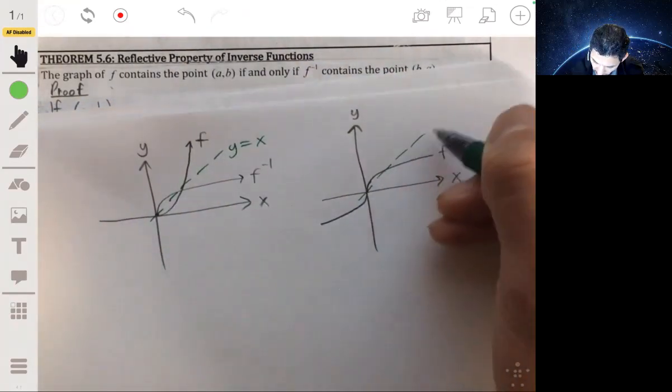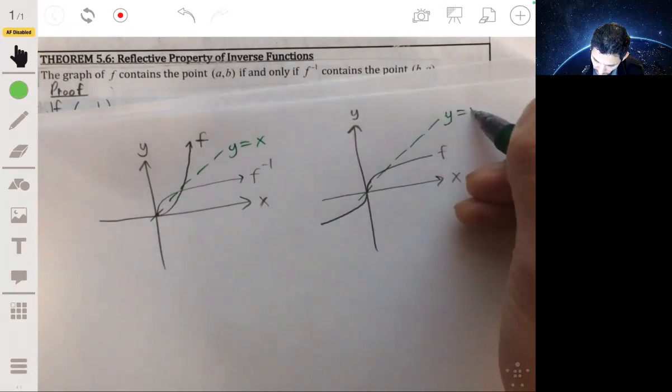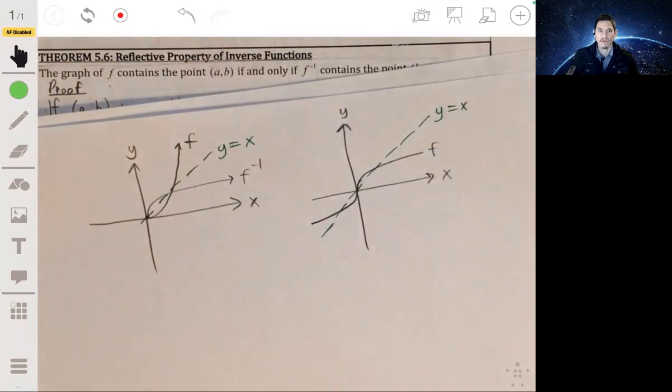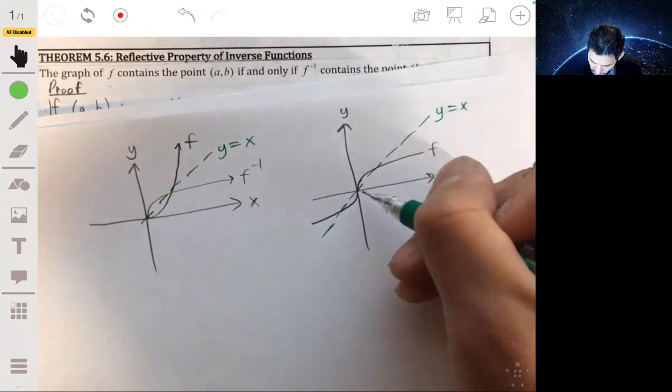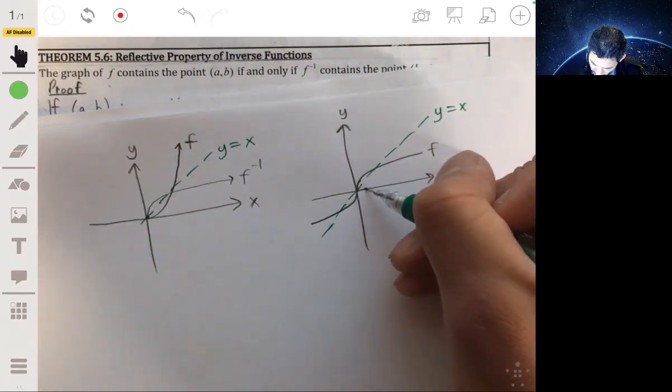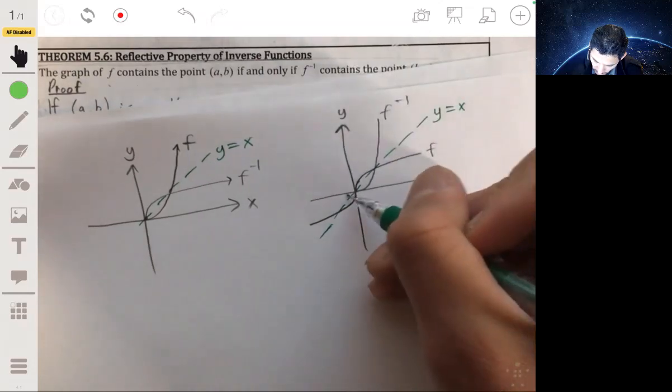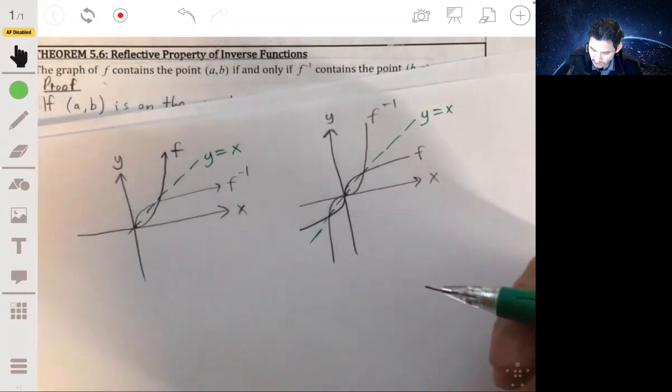Think for a second. I can try to mentally picture it if you can. What would this graph look like if you flipped it over that line y equals x? What you should get is that its inverse graph will look like this on this side, and over here it's going to be doing this.